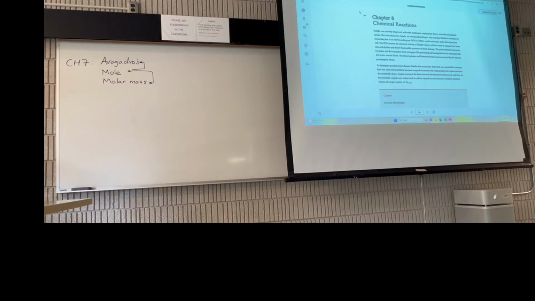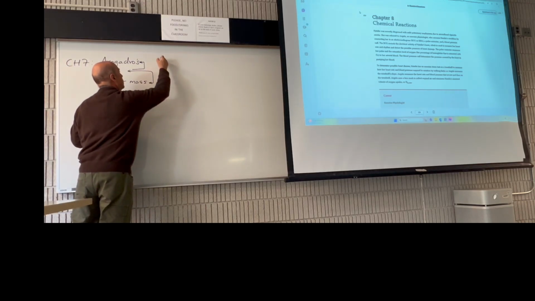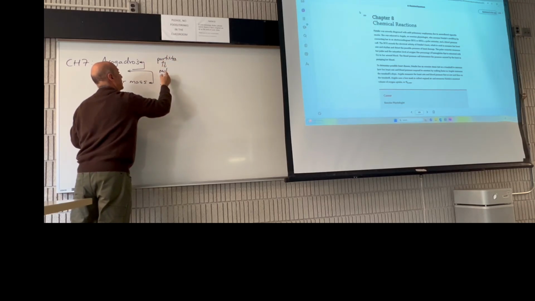When you use a scale and you need to weigh a chemical, you need to use grams. So in a way, we went from grams to mole to particles or items. And that's really the bulk of the chapter.